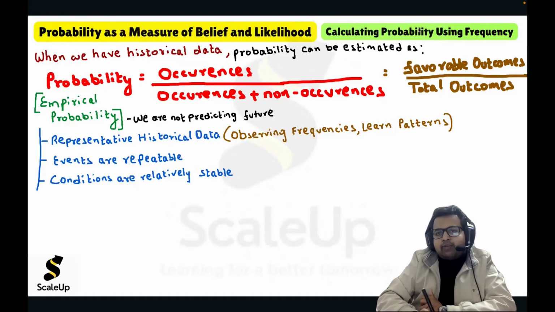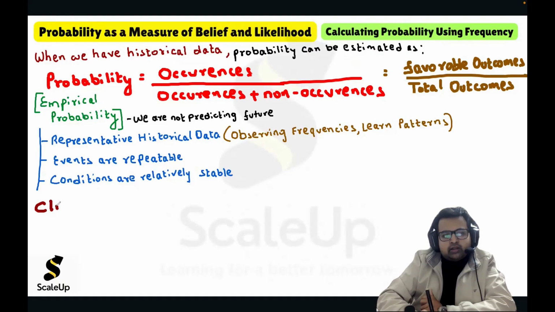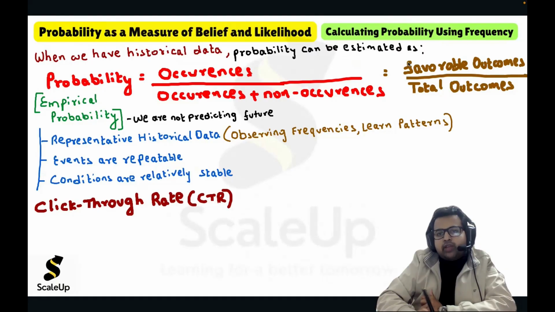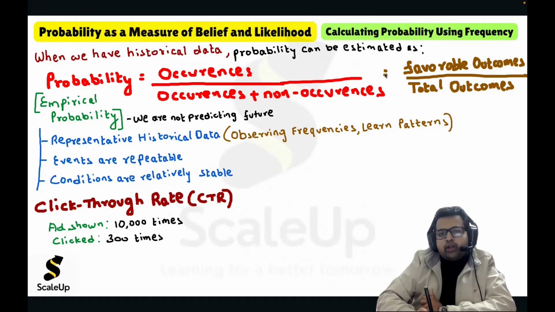One interesting example we can look into is click-through rates, CTR. Let us suppose we conducted an experiment, and there we saw that an ad was displayed 10,000 times and it was clicked 300 times. If I want to calculate the probability of click, it will be occurrences, that is the clicks, 300, divided by occurrences plus non-occurrences.